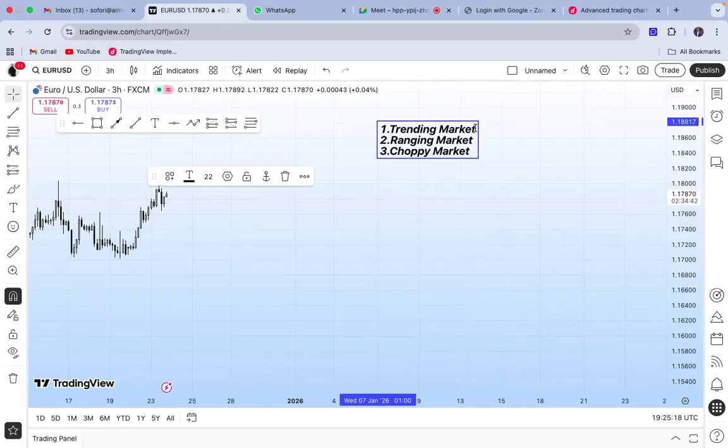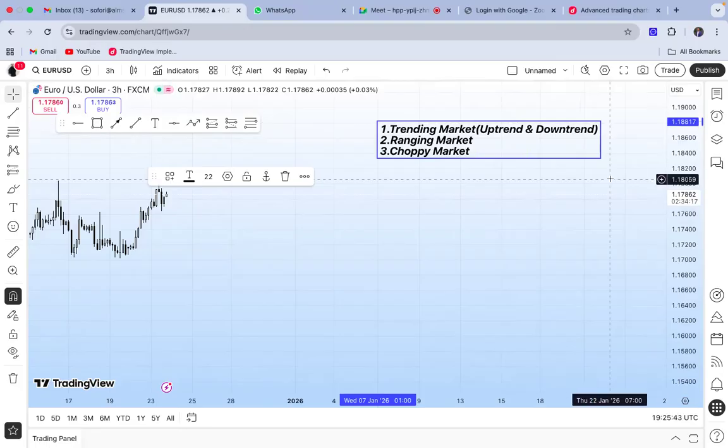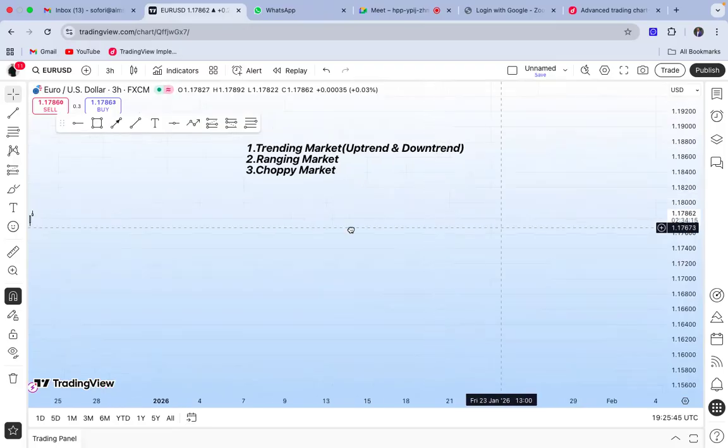For the trending market, we have two types. We have either the uptrend or the downtrend. What this means is that either the market is going up or it is going down. Okay, so let's look at it.